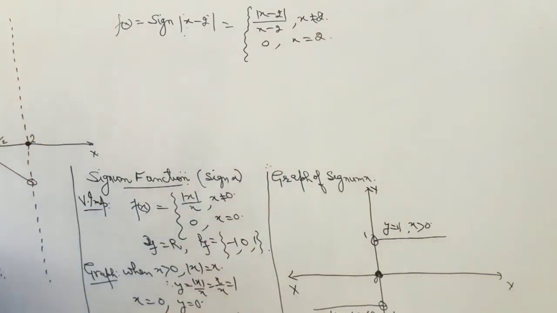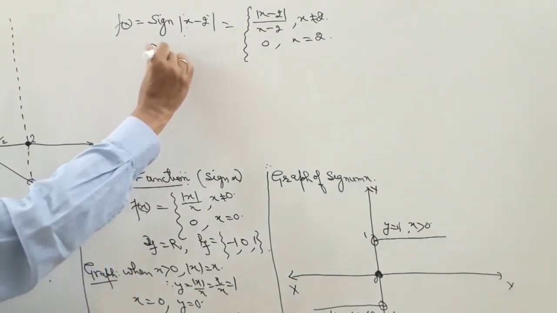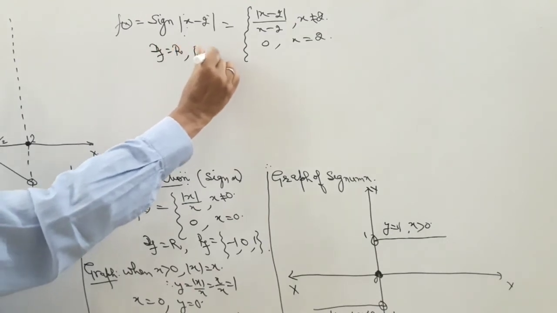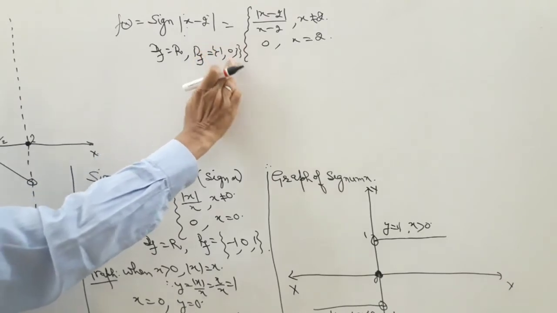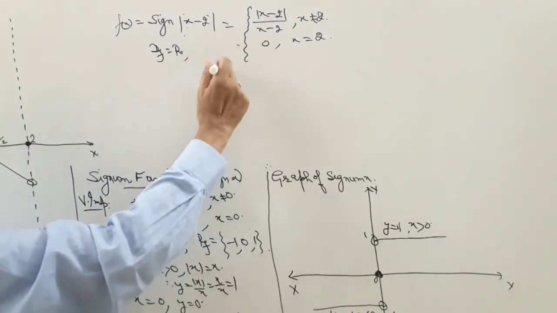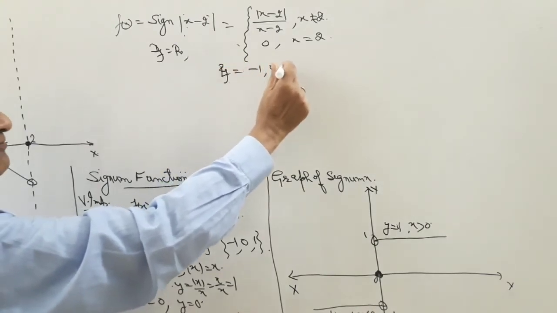So the question says draw the graph of this function, also the domain and range. Domain and range as before, domain is R, range of the function is the same, minus 1, 0, 1. Check out. This you can verify.